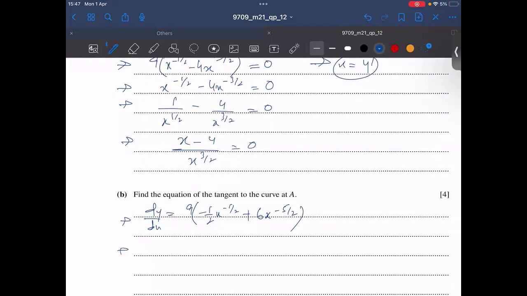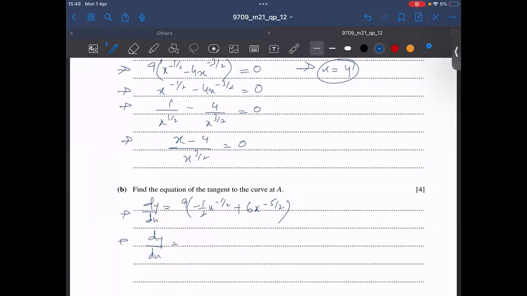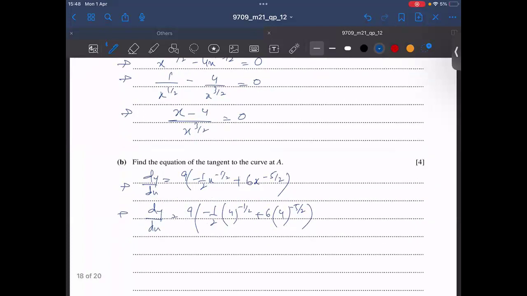Okay. At A, what is the x coordinate? It's 4, I think. Yeah. So minus half, 4 to the power of minus 1 over 2, plus 6, 4 to the power of minus 5 over 2. 4 to the power of 1 over 2 is square root of 4, which is basically 2. So 1 over square root of 4 is going to be 1 over 2. 1 over 2 into minus 1 over 2 is going to be minus 1 over 4.